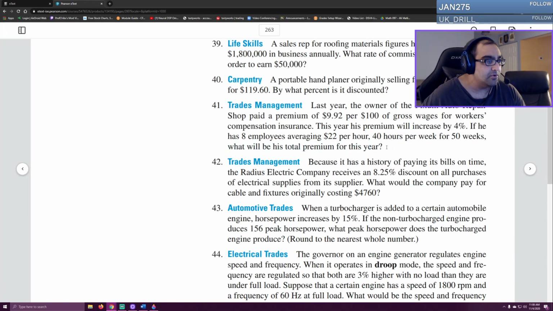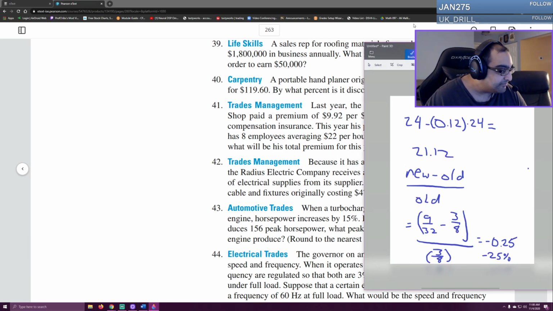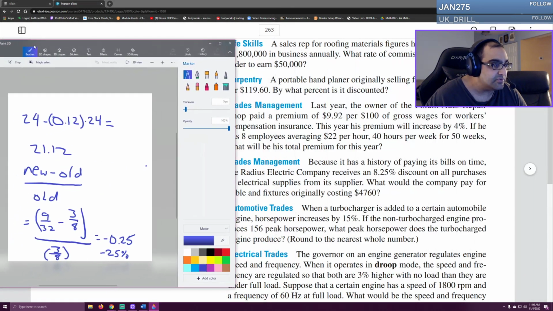So what we need to do here is figure out what his premium will be after the increase of 4%. So we need to figure out how much he had to pay the previous year and then increase that by 4%.